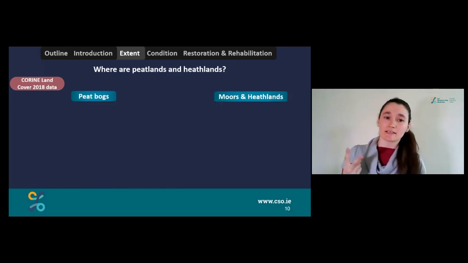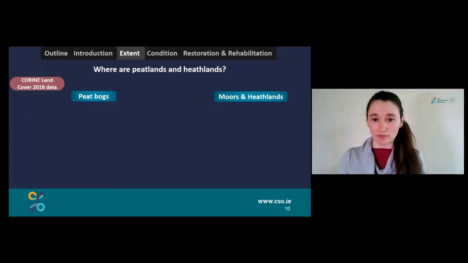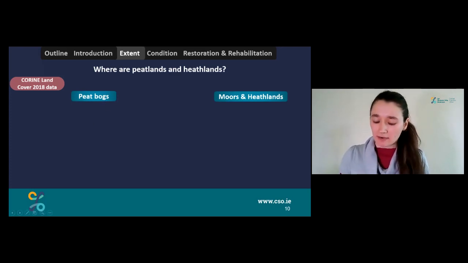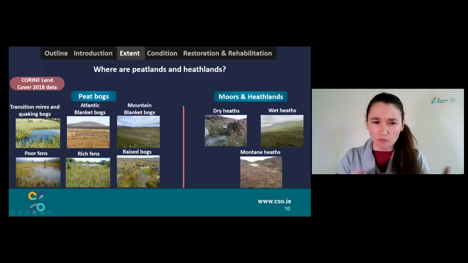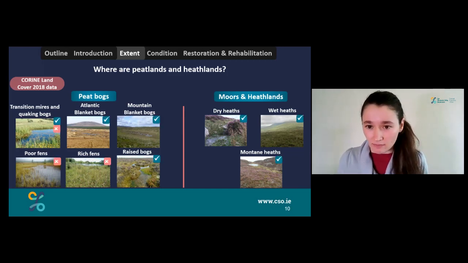2 classes of CORINE are of relevance when we map peatlands and heathlands: peat bogs and moors and heathlands. If we come back to all the different types of peatlands and heathlands I showed you earlier, the categories under each of the classes are these ones. As you can see here, heathlands in Ireland are really well represented by the class moors and heathlands.